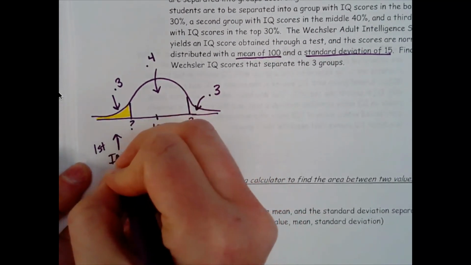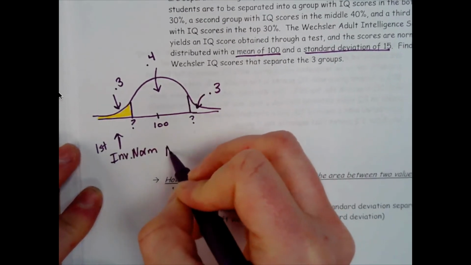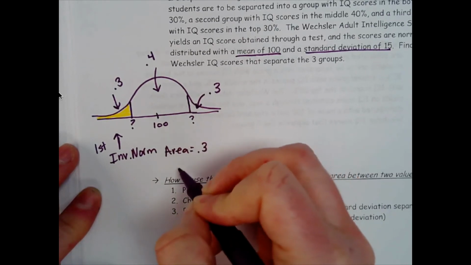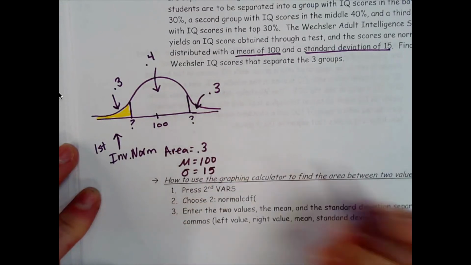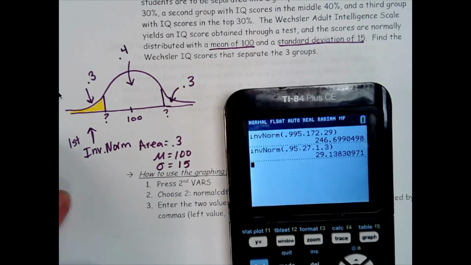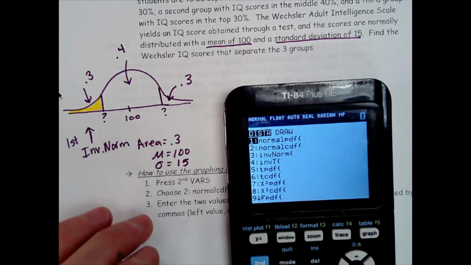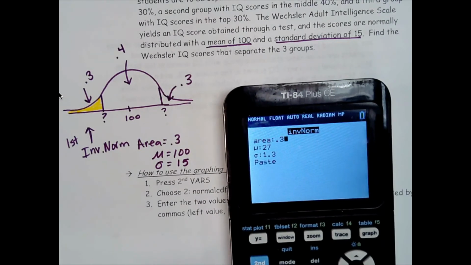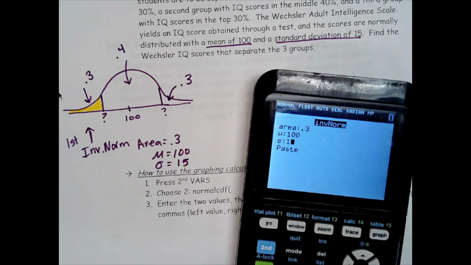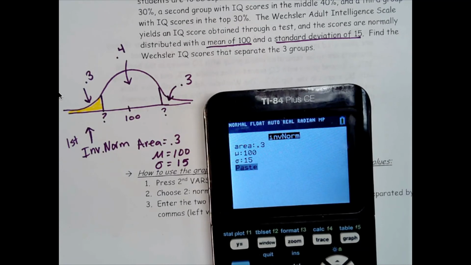So we're going to do the inverse normal, and the area is going to be 0.3. Our mean is 100 and standard deviation is 15. So go ahead and put that in the calculator. We know it's got to be below 100 because 100's right there in the middle.